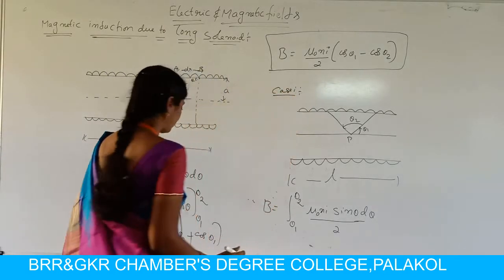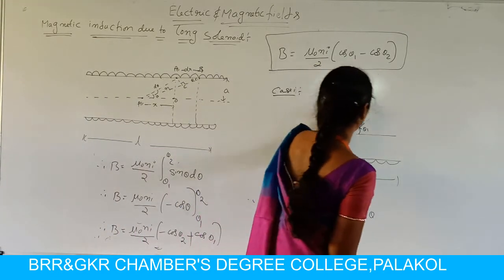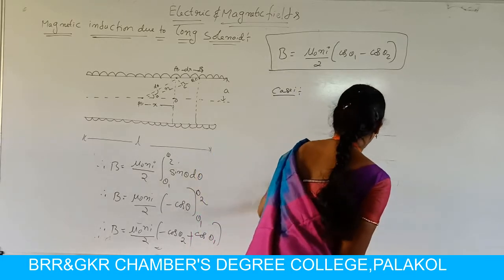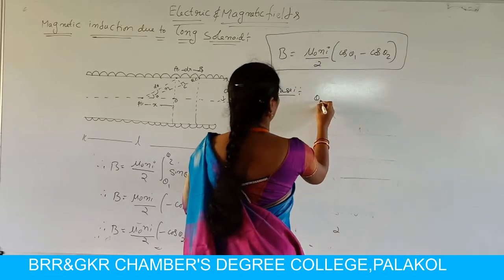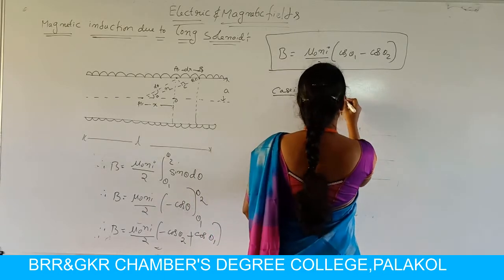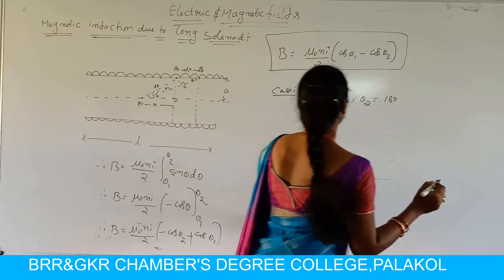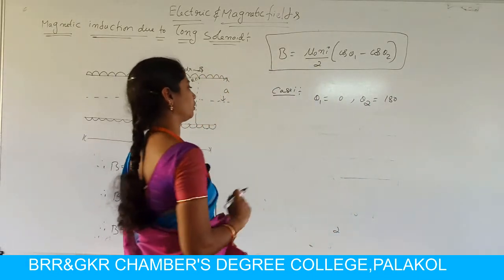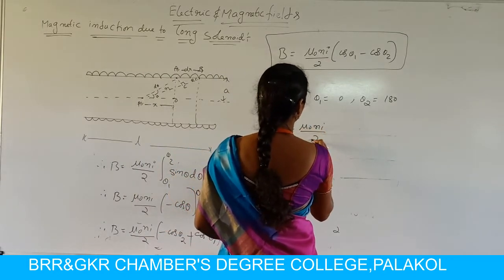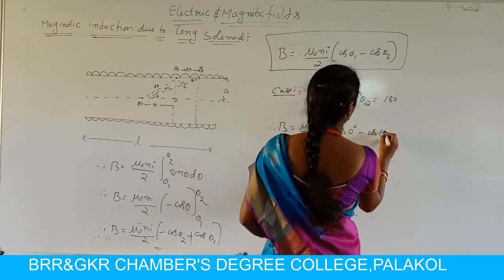when this point P lies inside this solenoid and on the axis, the values of theta 1 and theta 2 are 0 and 180 degrees. Substituting these in the above expression, B equals mu naught ni by 2 into cos 0 degrees minus cos 180 degrees.